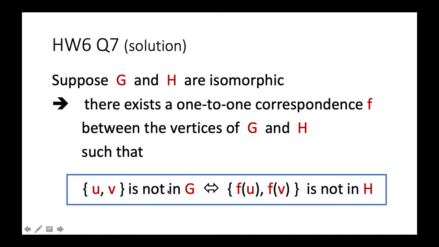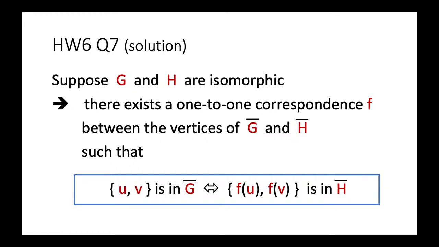So UV is not in G if and only if F(U)F(V) is not in H. Now, UV not being in G means that UV will be in G bar. F(U)F(V) not being in H means that F(U)F(V) will be in H bar.